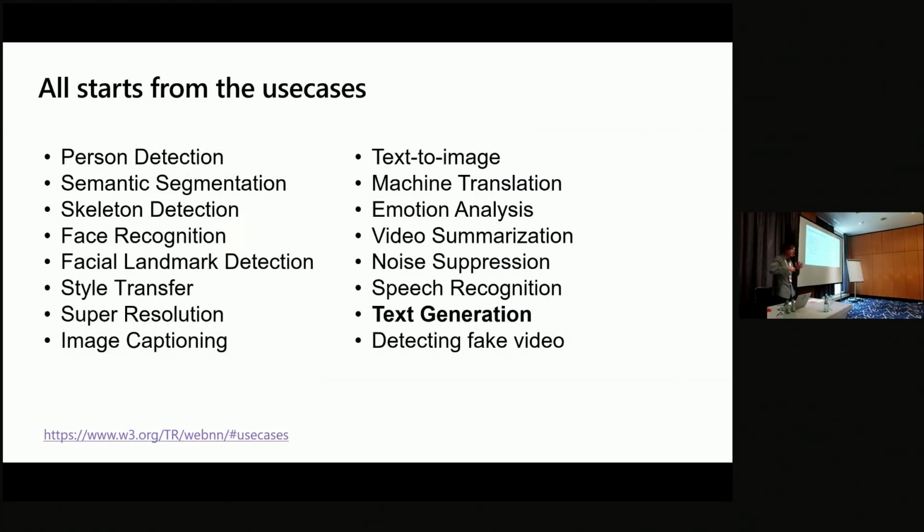And the creation of this standard did not start from, hey folks, we have cool tech, we have cool hardware, let's create some standard for that. No, that's the wrong way, both for creating a standard and for creating solutions and applications. Don't try to find a problem for the solution. It started from identifying problems in the form of use cases.